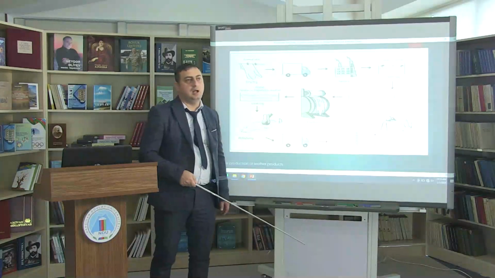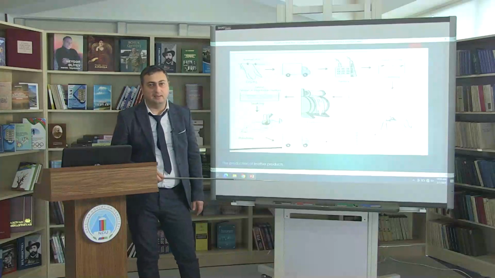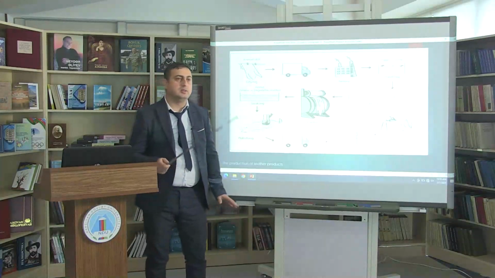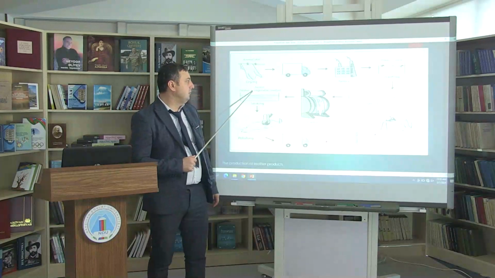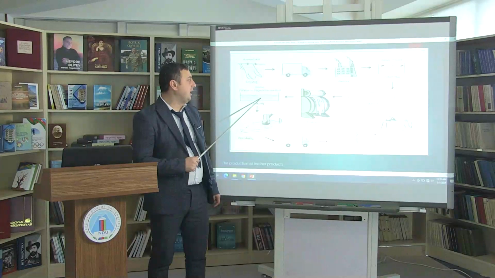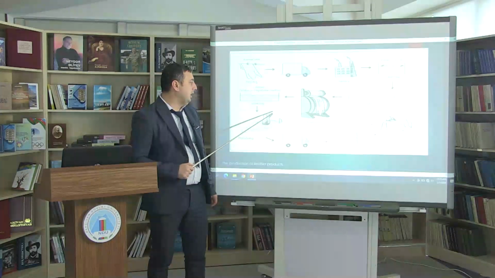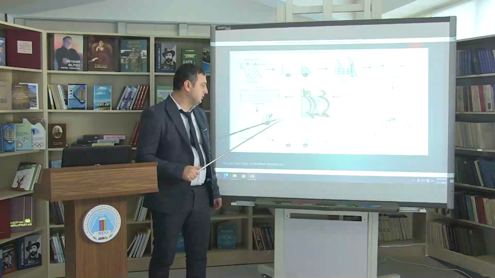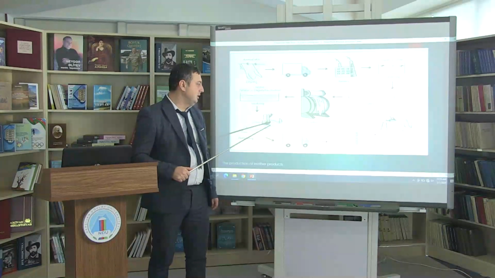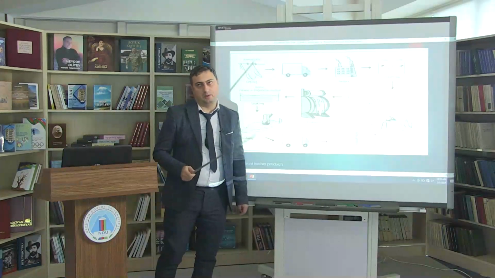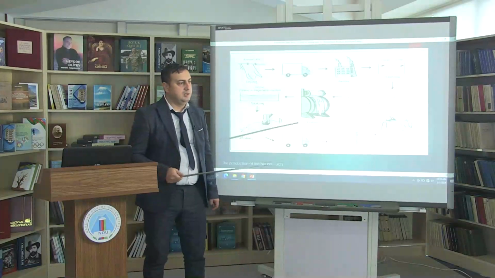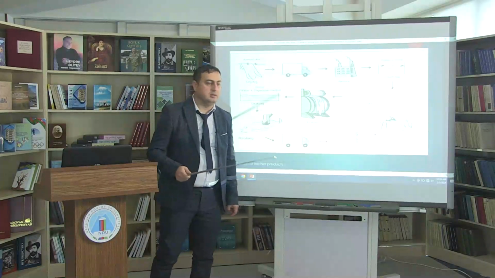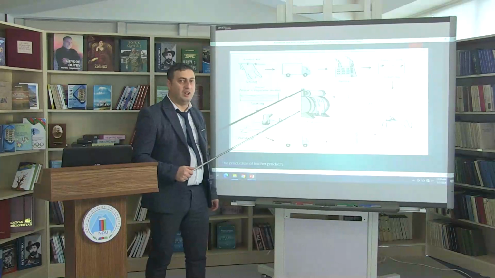Then it is again soaked in tannin. It is a special substrate made of water and vegetable matter. And after tanning, the process of polishing begins. As you know, if you polish the skin, it becomes much smoother and of higher quality.